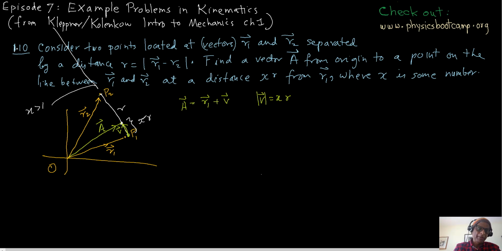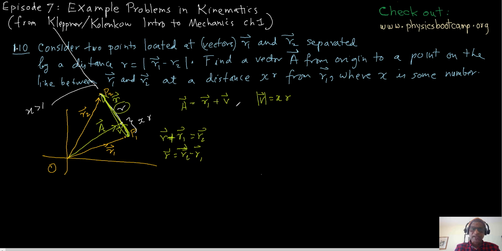If P1 to P2 is this big vector, let's call it vector r, then r1 plus r must be equal to r2. So r is simply r2 minus r1.